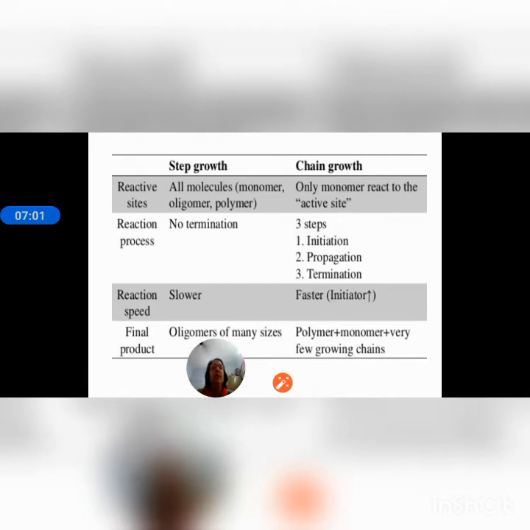There is no termination in step growth polymerization. As much monomer is added, the polymer lengthens. In chain growth polymerization, three steps are compulsory: initiation, propagation and termination. One is slower and another is faster.